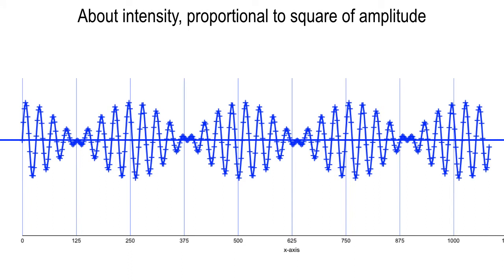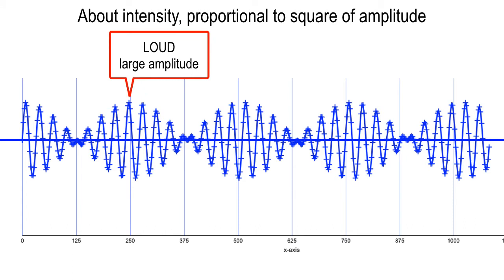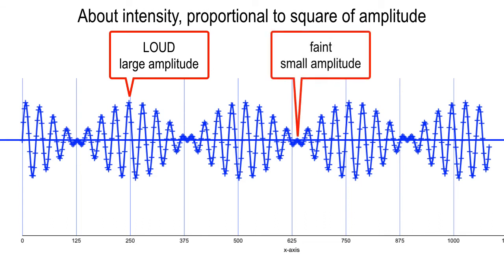Just to review, in terms of this beats diagram, up here on the left you have a big amplitude, and that's where it's going to be loudest. If this were ocean waves, this is where you'd have the biggest rogue wave. If it's an audio signal, this is where you'd have the loudest sound. Right over here, where the amplitude is pretty small, you're going to hear something, but it's going to be pretty faint.